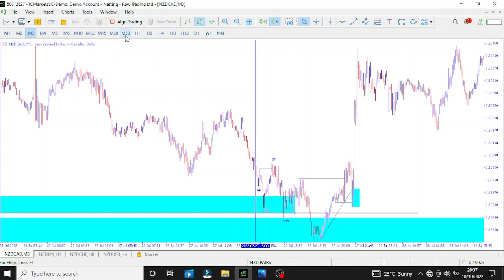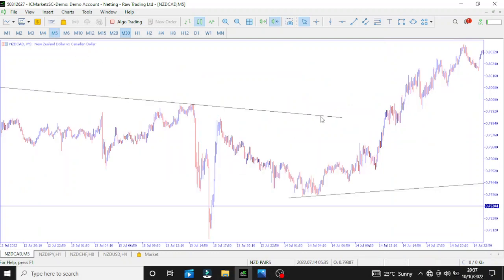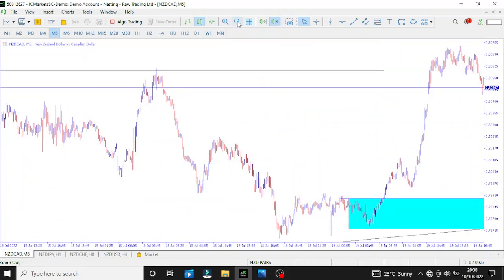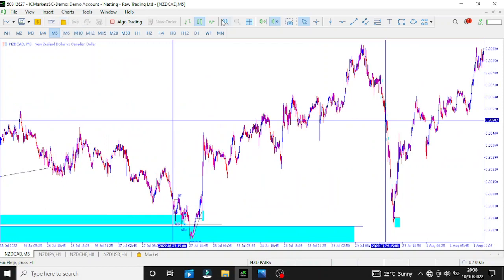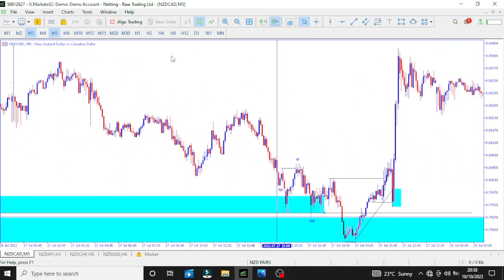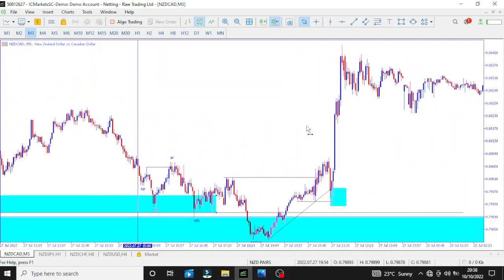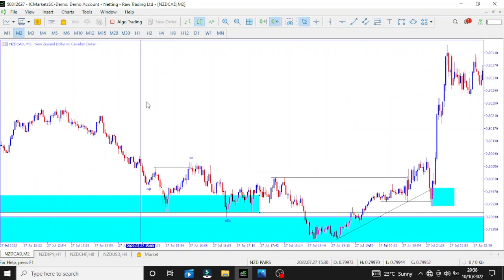You see this bullish move, this demand is mitigated and broke the structure. Definitely lots of people were buying at this point, and the price is just accumulating.